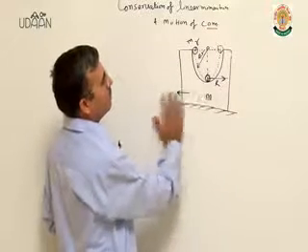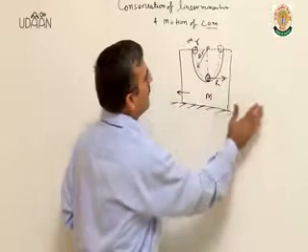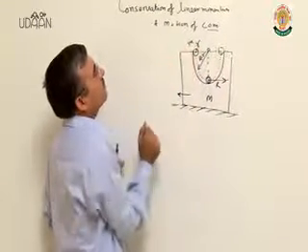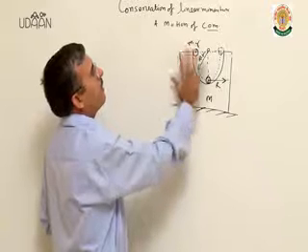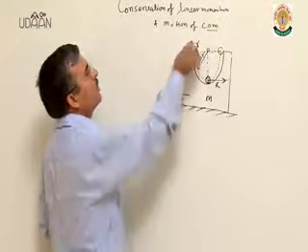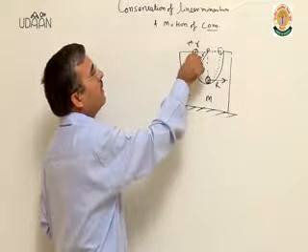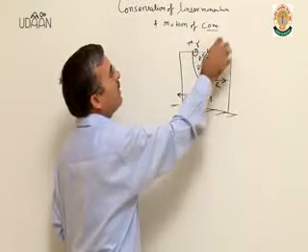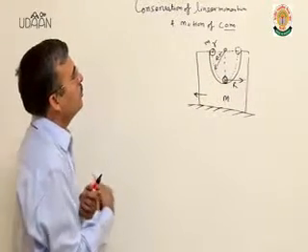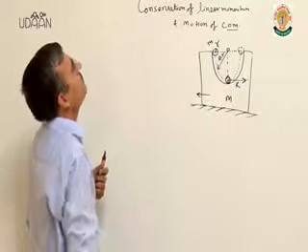Capital M block can move right side or left side. There is a small m mass body. All the surfaces are smooth. This is released from that position, so it will come down and move like this. So we are going to discuss the motion of capital M and small m. Clear?